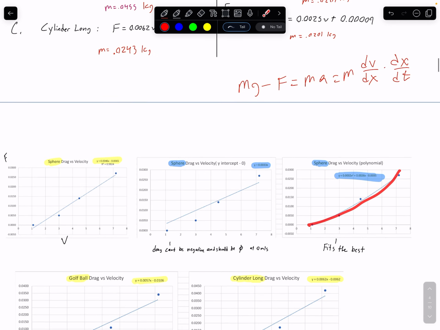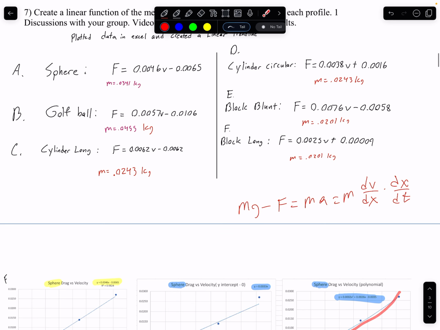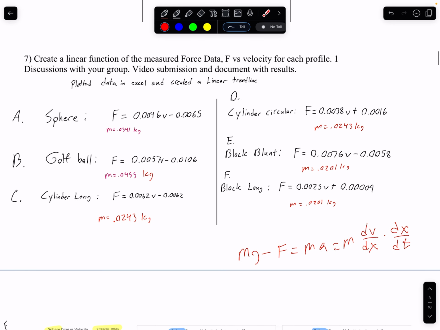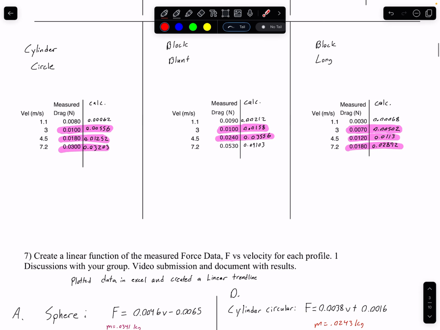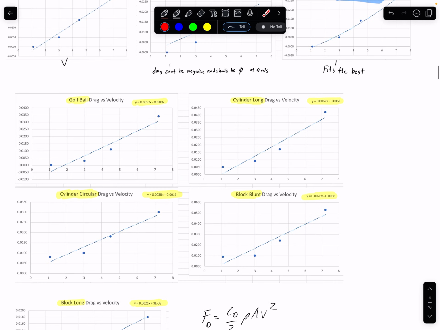That's just the simplest form for this part. And we got a unique function for everything because drag is different on different objects, and as you can see in all the data, at the same velocities there is very different drag.